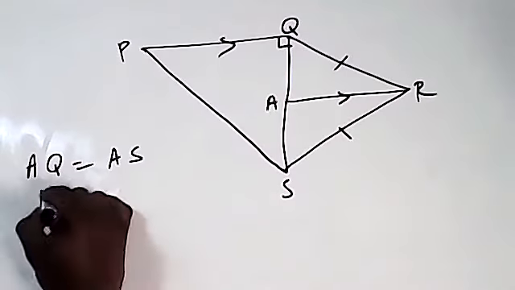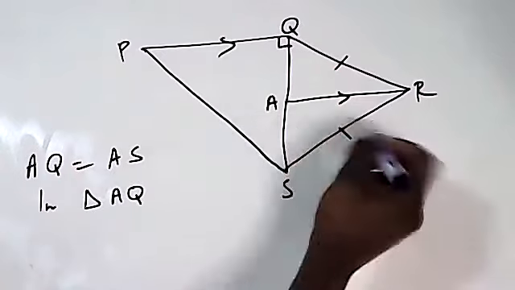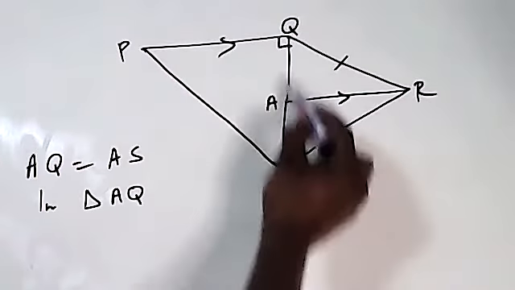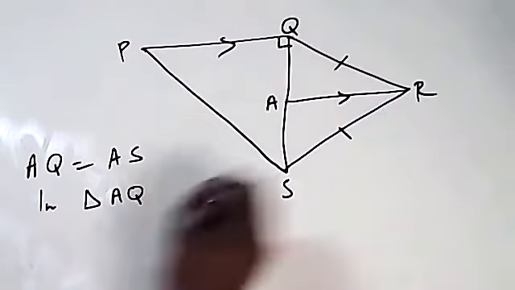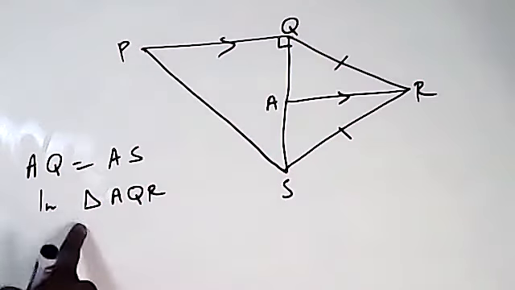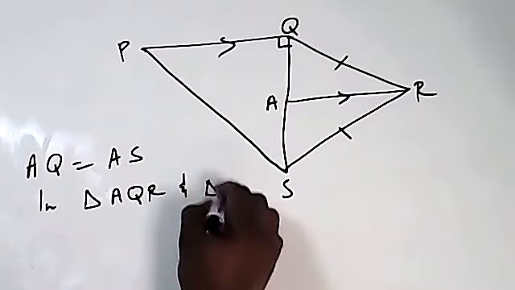So we are going to basically say that we are going to have triangle AQ. If I take AQ, what will I be left with? It's going to be AQ and R. Do you agree? Okay. So we have triangle AQR and triangle AS.